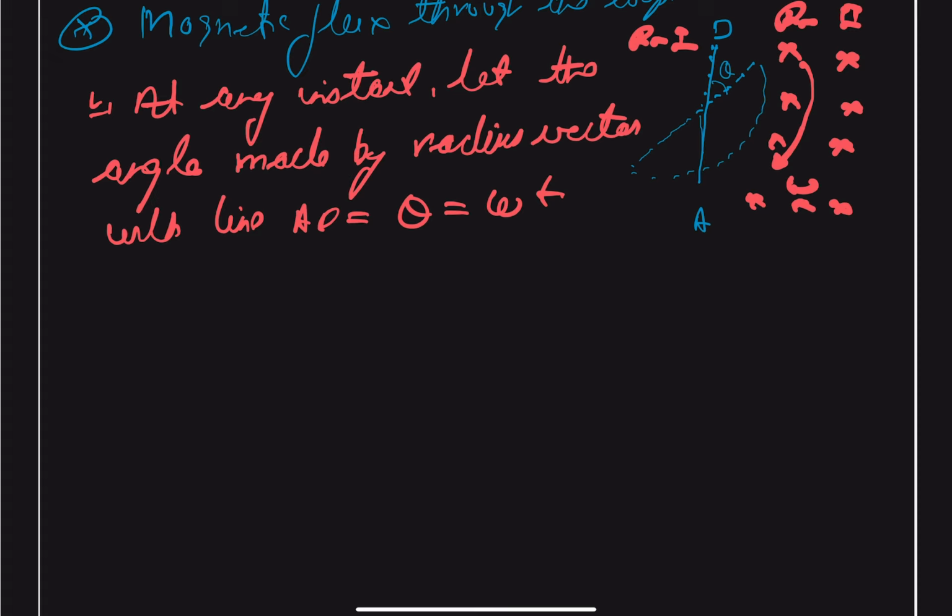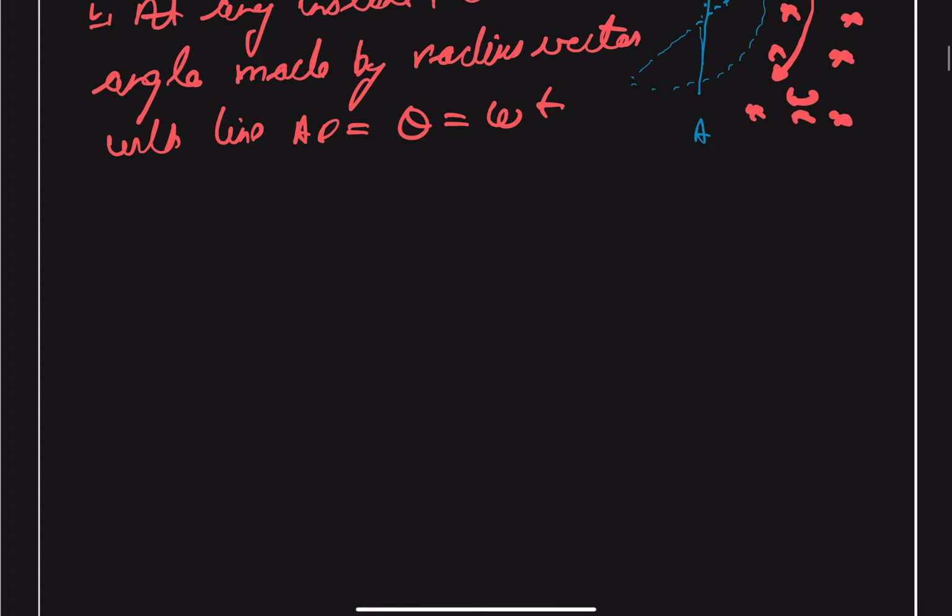Therefore, the area of the loop in region 2 varies with time.